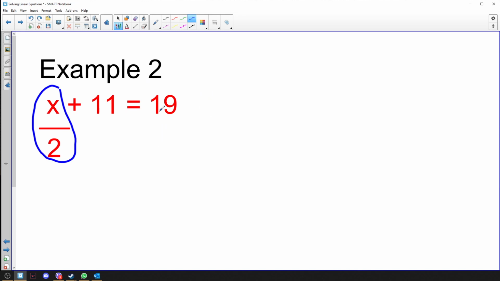Now, this is where my inverse comes into play. So x divided by 2. Because I started with a divide here, all I need to do now is work out something times 2. Let's go back here and do it this way, so you can see my full working out procedure.